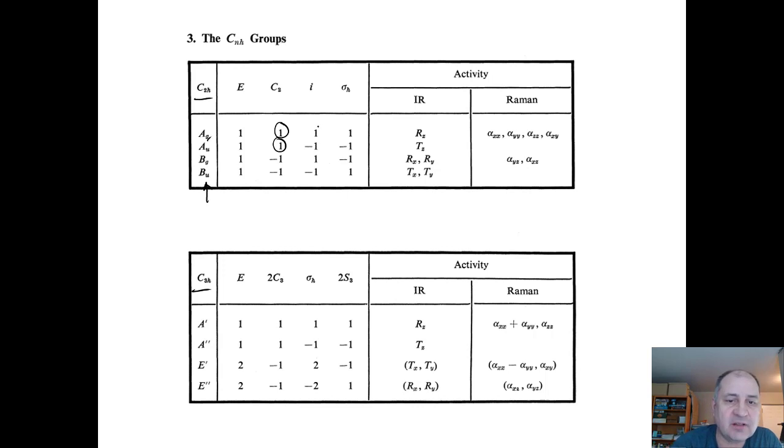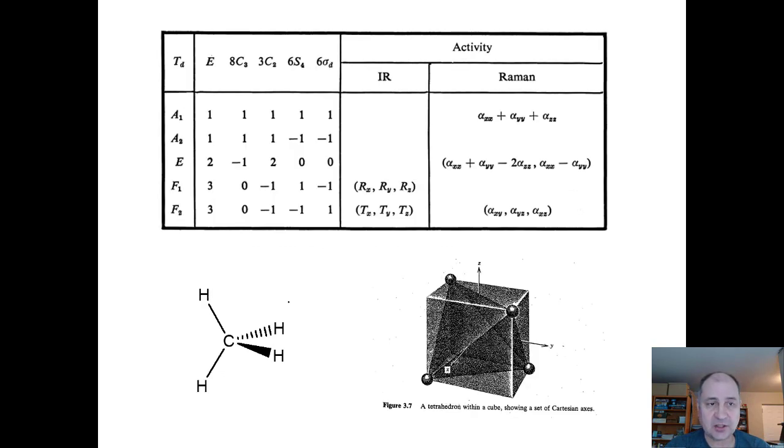So little g means symmetrical with respect to the inversion center. And in C3h, we have primes and double primes, and that would be with respect to the horizontal mirror plane. So either way, there's a lot of information here, and I'll show you what to do with it in the next lecture.